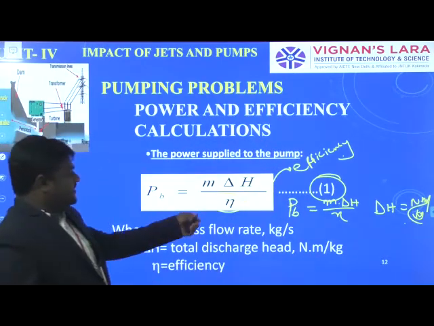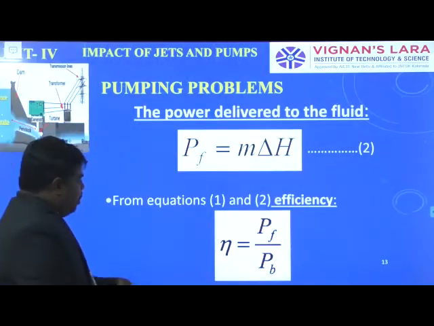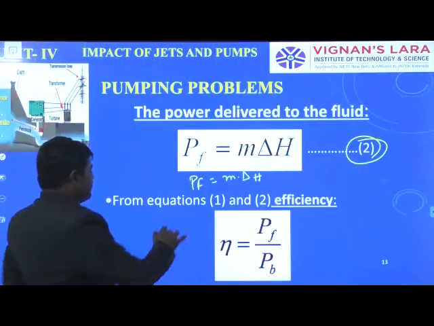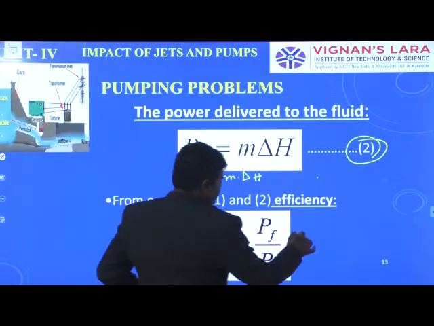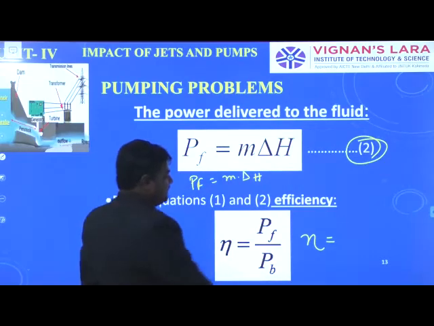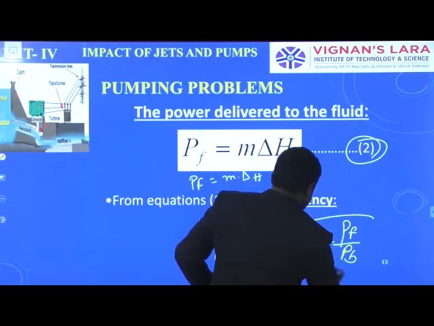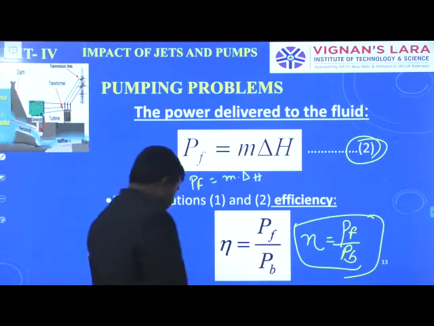From equations 1 and 2, we get the efficiency of the centrifugal pump as PF by PB. This is the efficiency of the centrifugal pump.